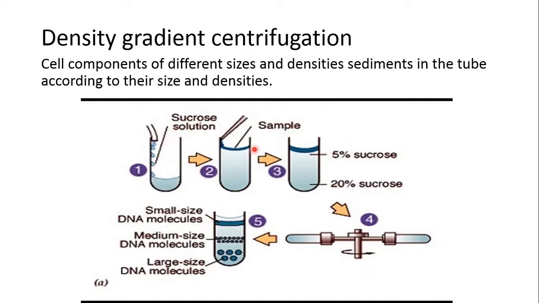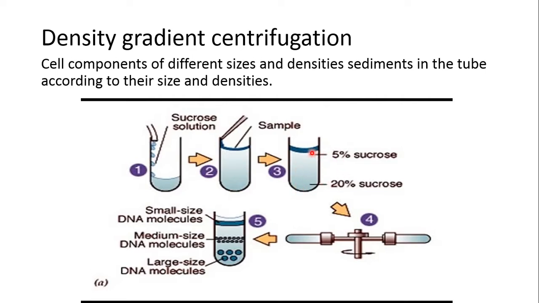In the second step, we will put our sample, that will be the homogeneous mixture of our cells, including one organelle or a mixture of different organelles, into this sucrose solution. Here we have our sucrose solution and also our sample.